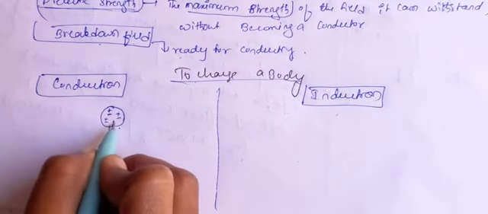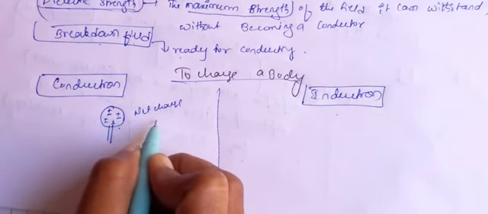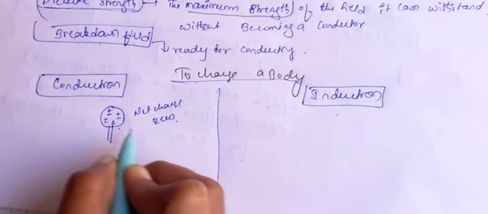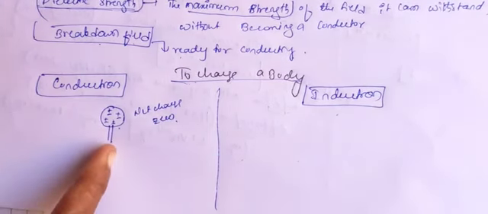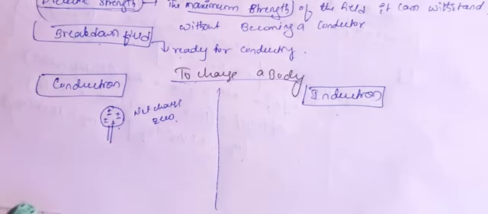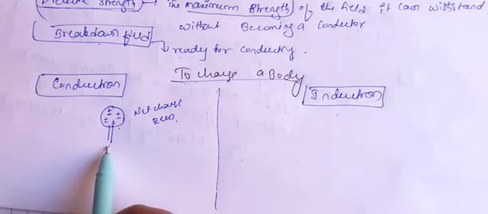Equal number means the net charge will become 0. Net charge is 0 means it acts as an insulator because there is no free charge, no charge which is moving freely inside the body. That's why it acts as an insulator.